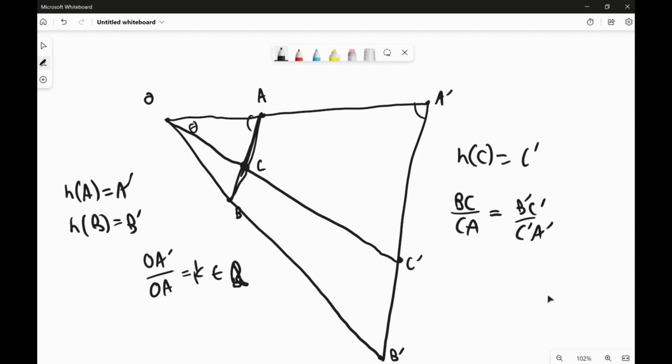Long story short, homothety scales lengths, but preserves angles and parallel lines.